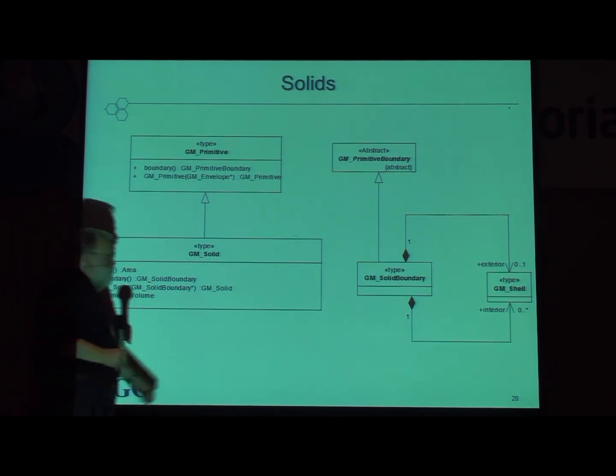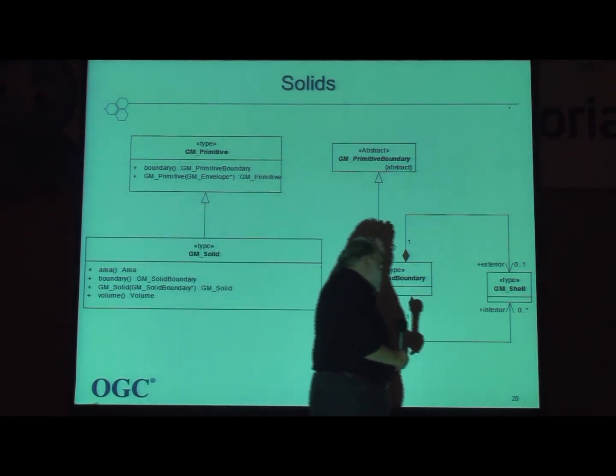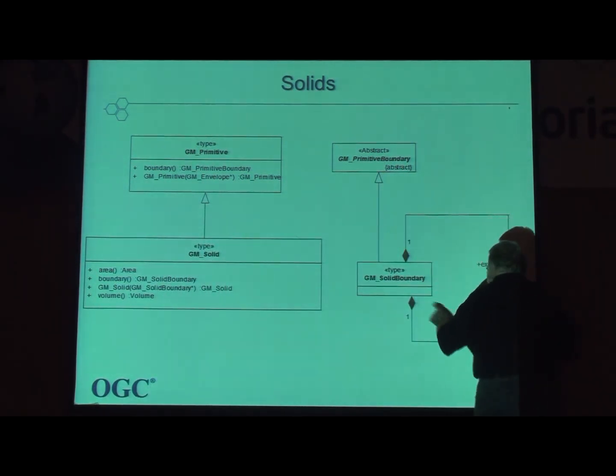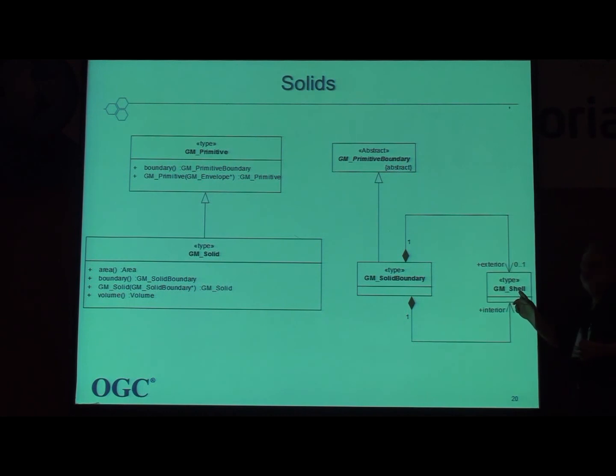And where surfaces have rings that traverse their boundaries, solids have shells. A shell is simply a closed surface that either describes the exterior surface of the boundary or the interior surface of a hole inside the solid.